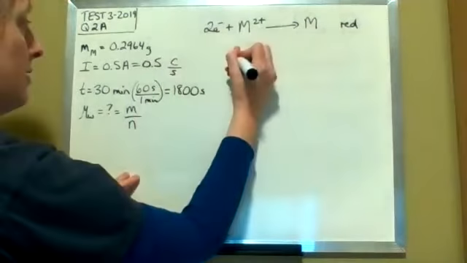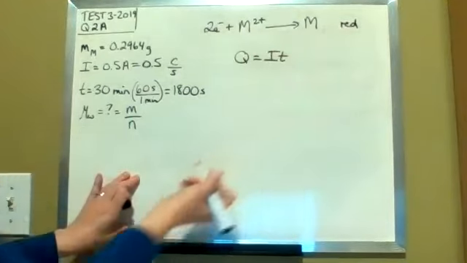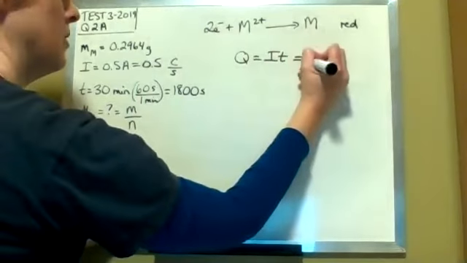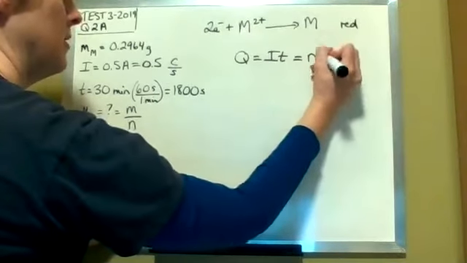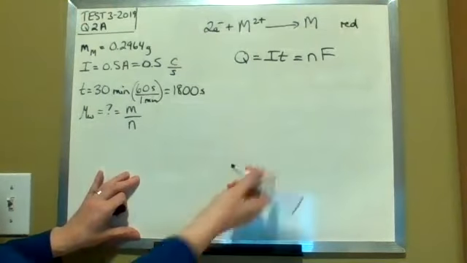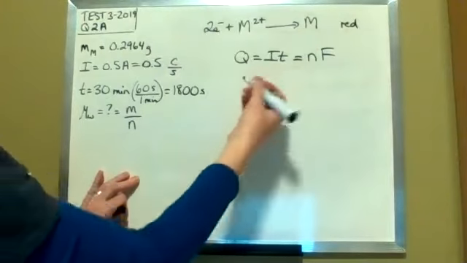Now, our equation that we normally use is Q equals current times time. We also know that it's equal to the moles of electrons times F, the Faraday constant. So we can solve for moles of electrons without trying to find our charge. We have everything else here.